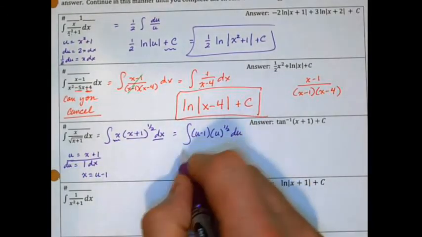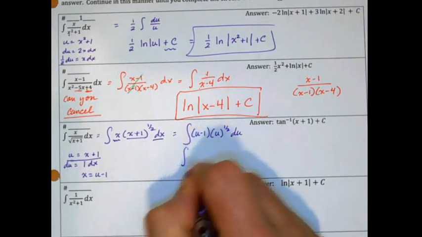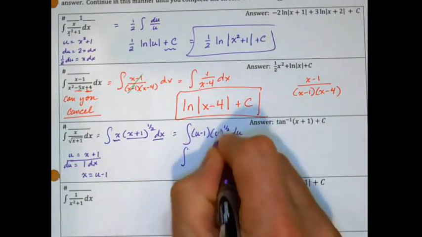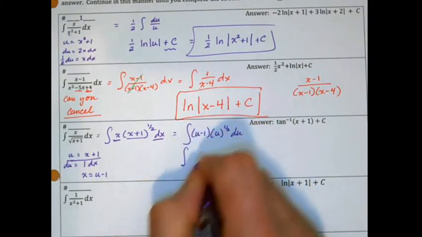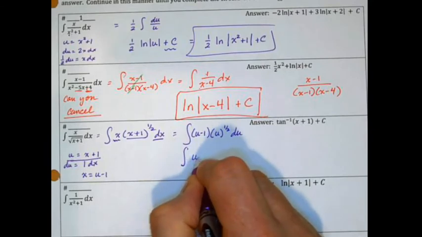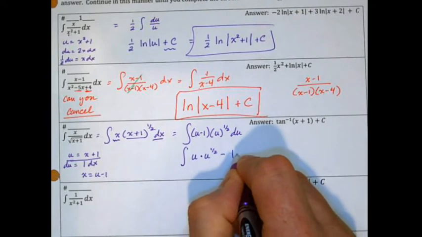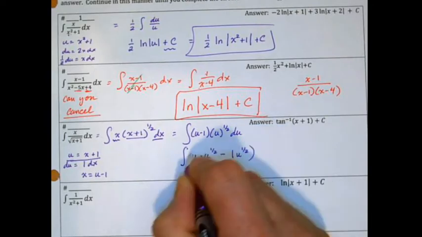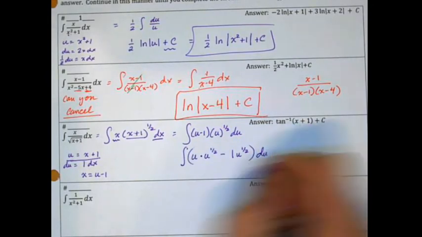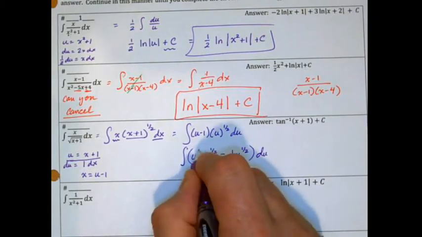If I take the u to the 1/2 and distribute it, because this is a power and this is to the first, it would be u times u to the 1/2 minus 1 times u to the 1/2 du. I'm going to clean it up just a little bit. U to the first power.